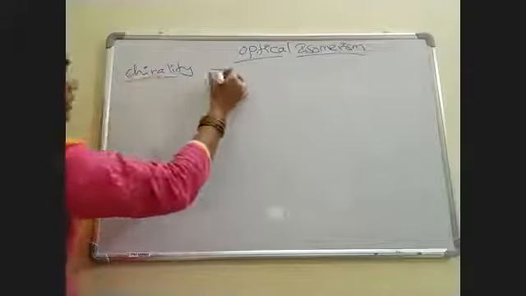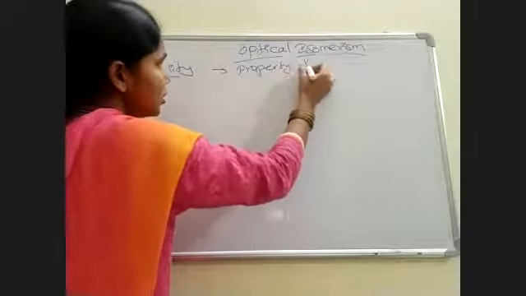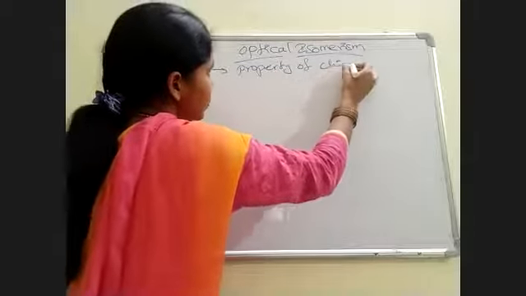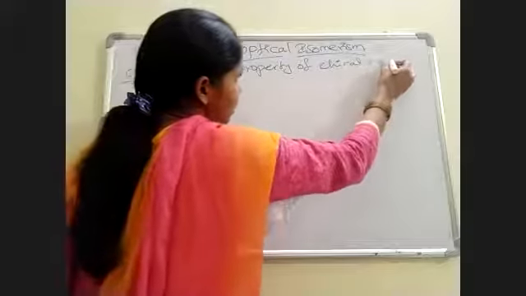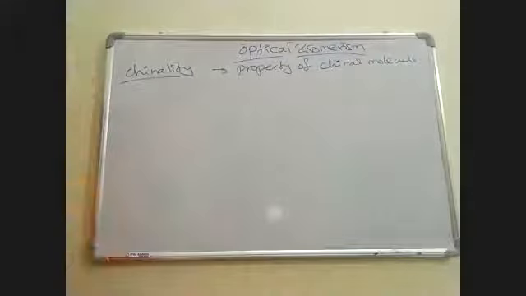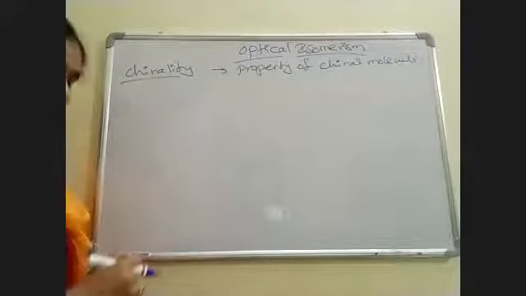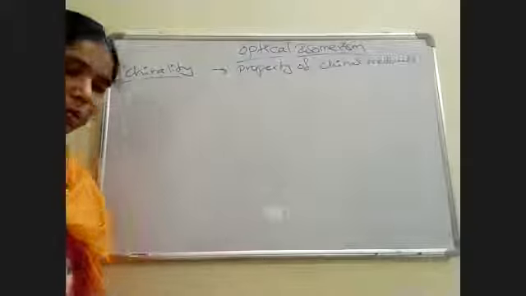Chirality is a property of a chiral molecule, which means it should contain two non-superimposable mirror images.